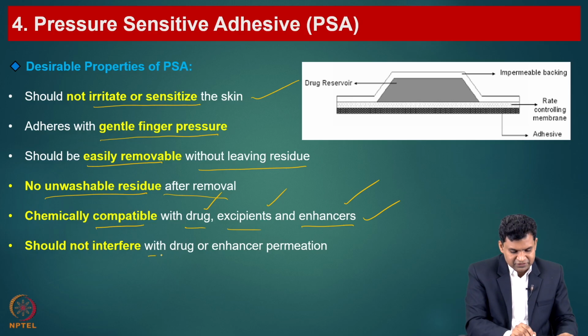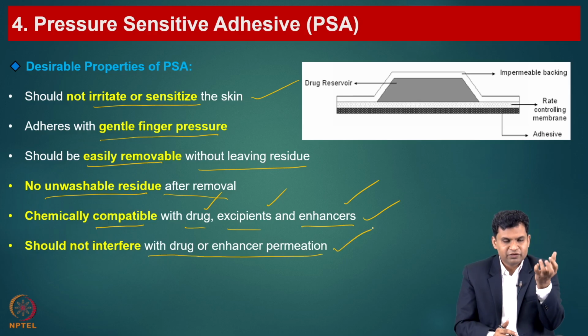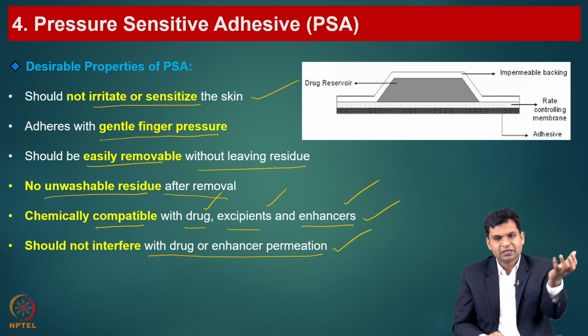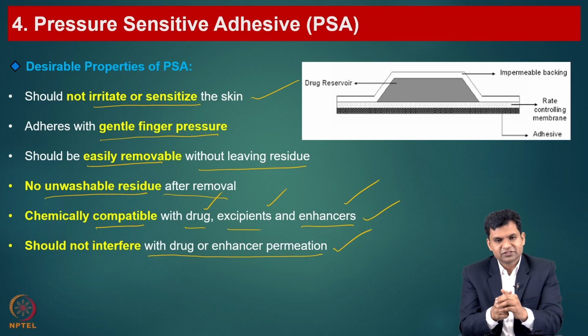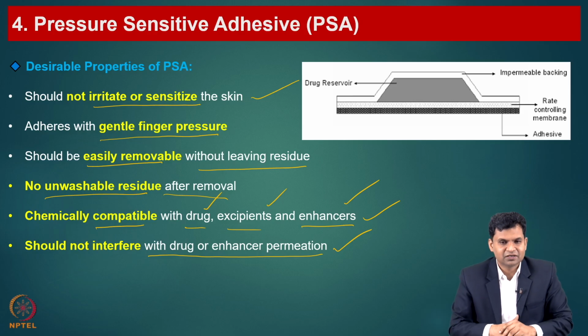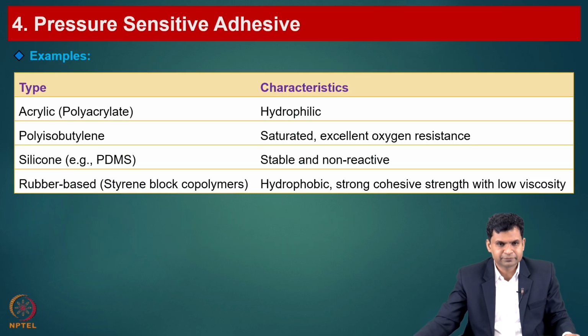It should not interfere with the drug or enhancer permeation. So, that also we need to perform with various ratios when you take the adhesive layer as well as the drug. We can make a physical mixture and look at the release as well as compatibility studies. With this we can select the right pressure sensitive adhesive layer.